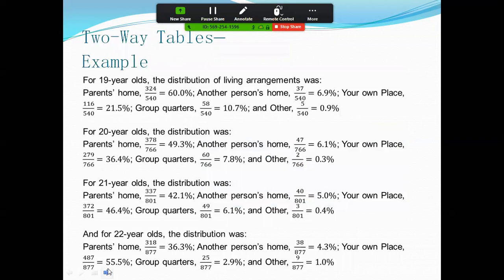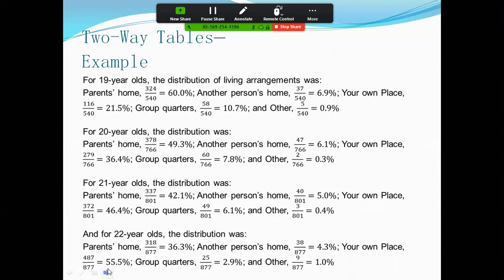For 19-year-olds, the distribution of living arrangements was 324 out of 540 for 60% living in their parents' home. 37 were living in another person's home out of the 540 for 6.9%. 116 out of the 540 lived in their own place for 21.5%. 58 out of the 540 lived in group quarters for 10.7%.